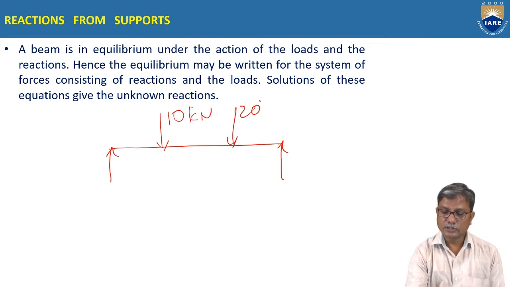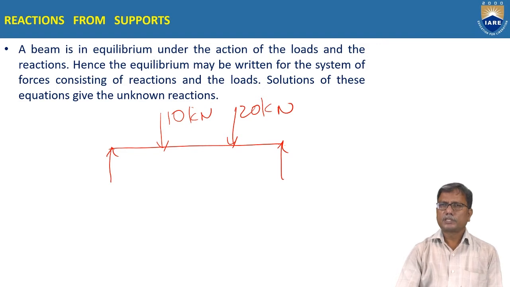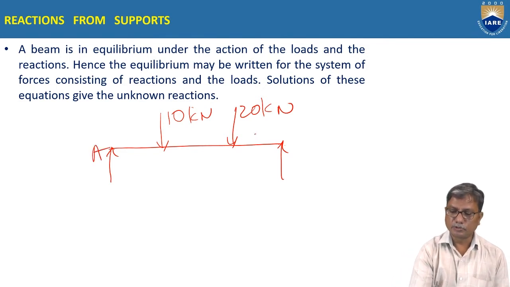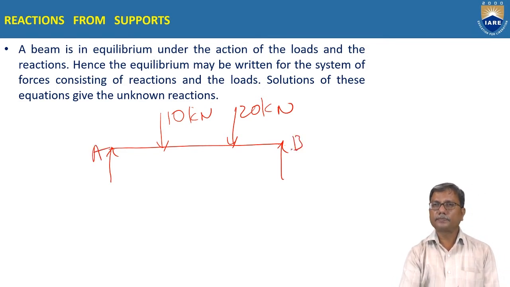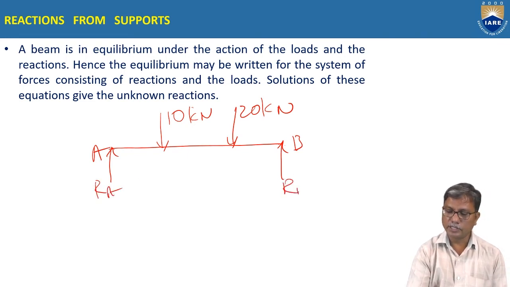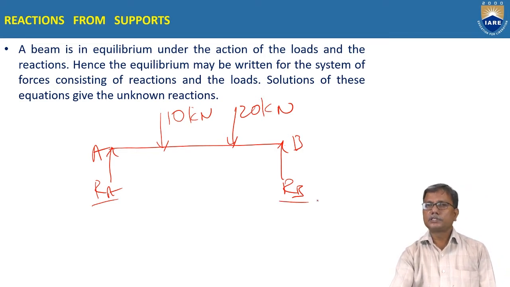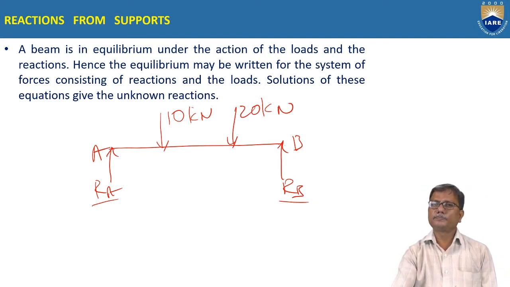So these are known. These forces are resisted by the reactions at the supports A and B. The reactions at supports A and B are unknown and represented as RA and RB.